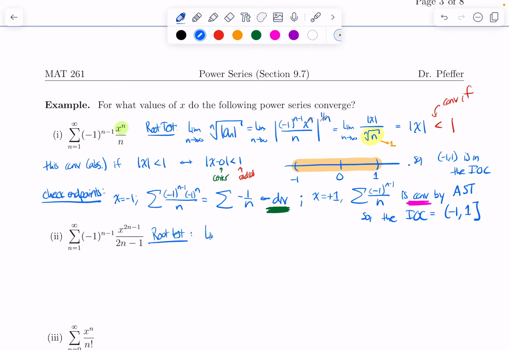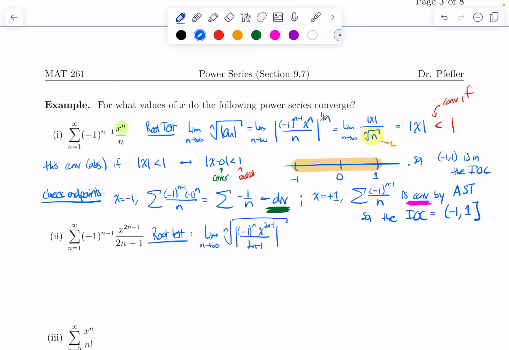We're going to look at the limit as n goes to infinity of the nth root of the absolute value of (-1)^n x^(2n-1) over 2n-1.